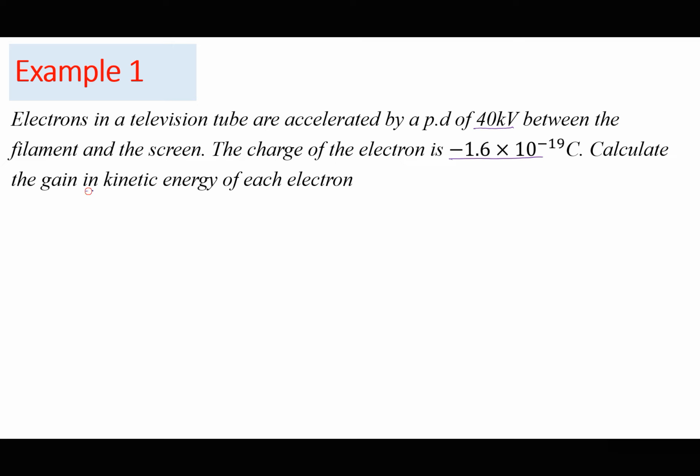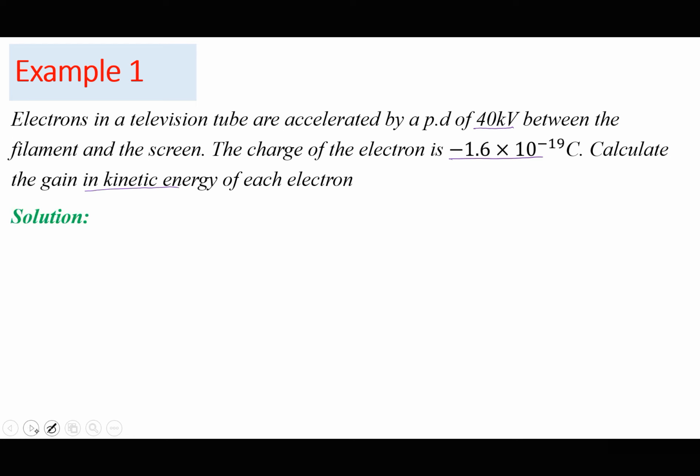Calculate the gain in kinetic energy of each electron. If the electrons gain their kinetic energy from the accelerating PD, then the work done to move these electrons is the gain in kinetic energy, which is obtained from the same expression that we already know.